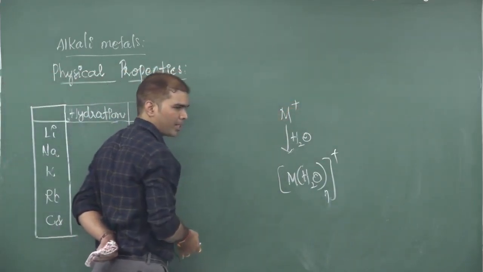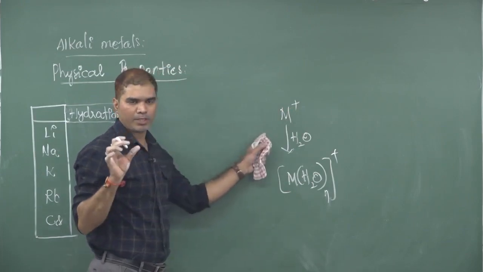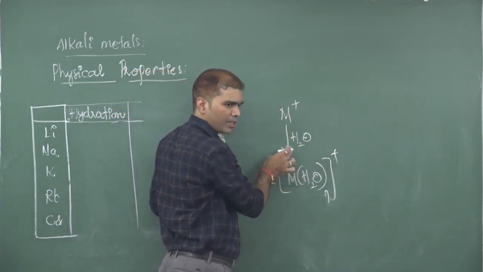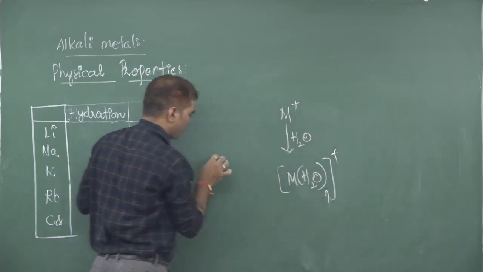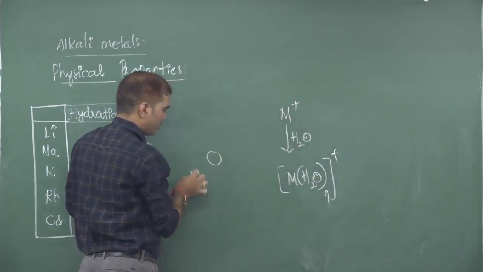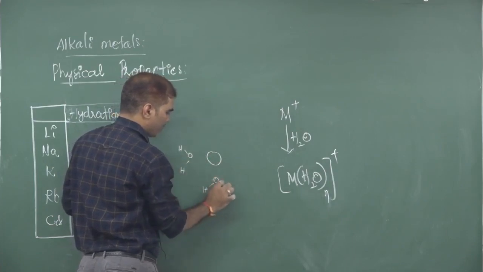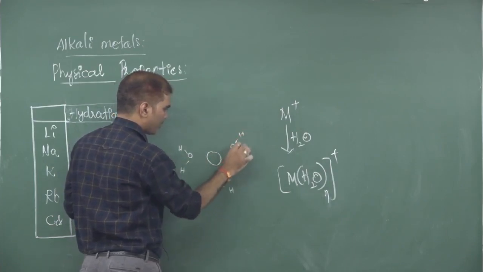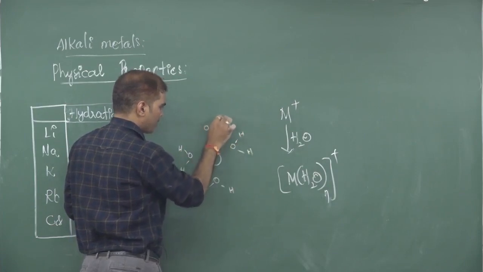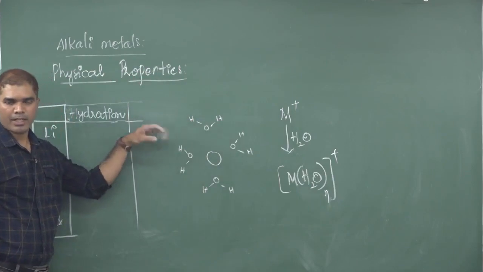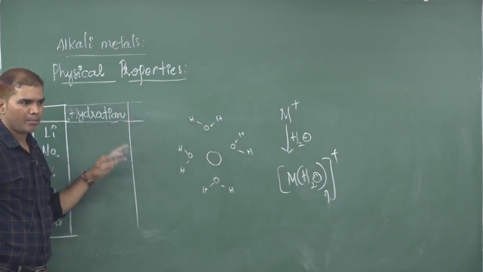I am choosing a metal cation. If I put that metal cation into a solvent called water, it is getting hydrated. Water molecules will come and surround the metal. Suppose this is my metal, this is a water molecule. That water molecule is coming and surrounding it. Whenever this process is done, some energy is released, some heat is released. The higher the amount of energy released, the higher the stability.